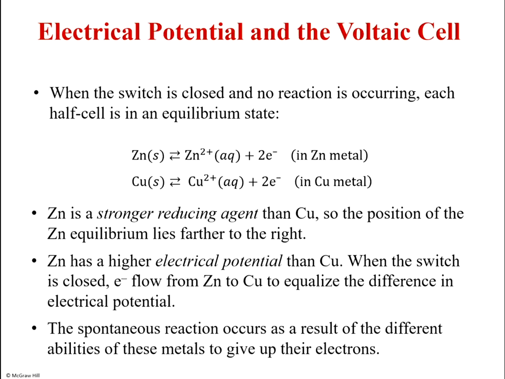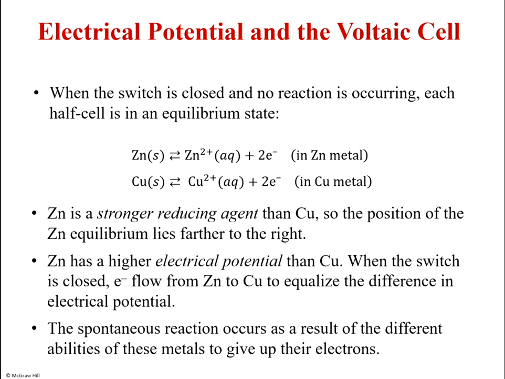Thinking back to chapter 4, we know that zinc is a stronger reducing agent than copper is. Zinc is more readily oxidized than copper is. So the position of the zinc equilibrium lies more towards the right than does the copper equilibrium. We would say that zinc has a higher electrical potential than copper.